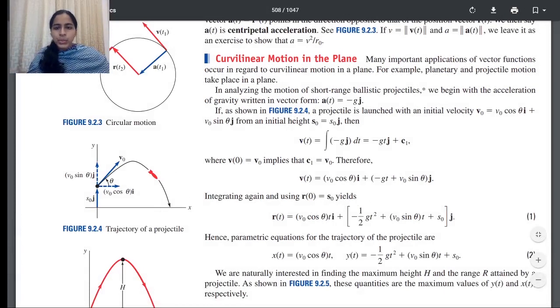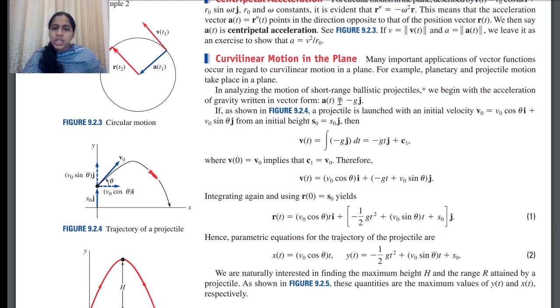Let me just recall it again. We are given the acceleration due to gravity to be minus g j. We are given an initial velocity v dot and an initial height s dot. First we'll find the velocity by integrating acceleration, and using the initial velocity we'll find the value of the integrating constant c1. Then we'll integrate the velocity function to get the position vector, and using the initial height we find the second integrating constant c2.